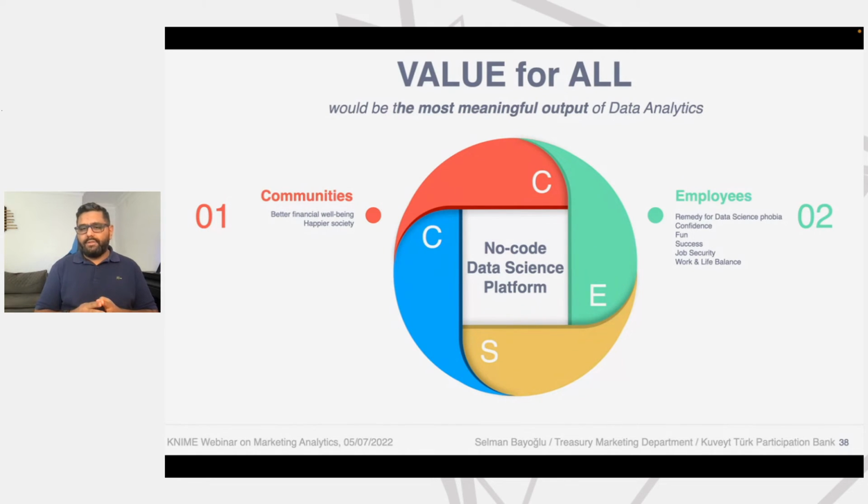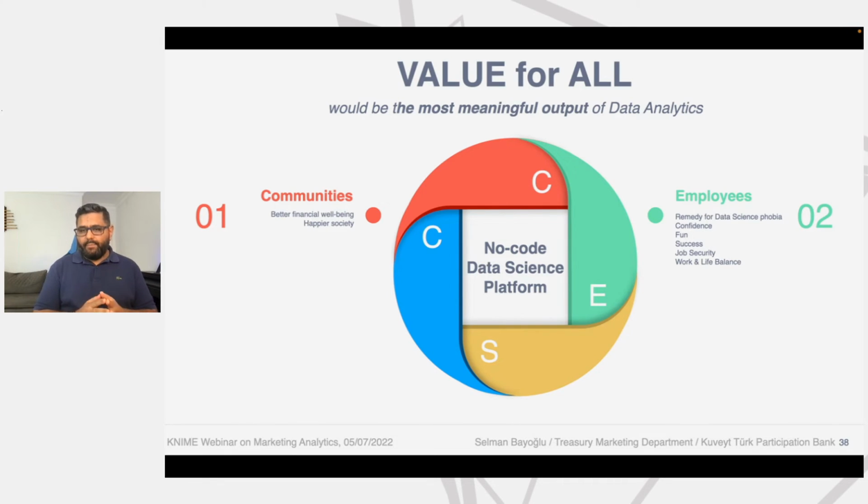If you don't upskill yourself, you will be left behind, and you will be out of a working place. So data science phobia is a real phobia, and a no-code data science platform is a remedy for that.